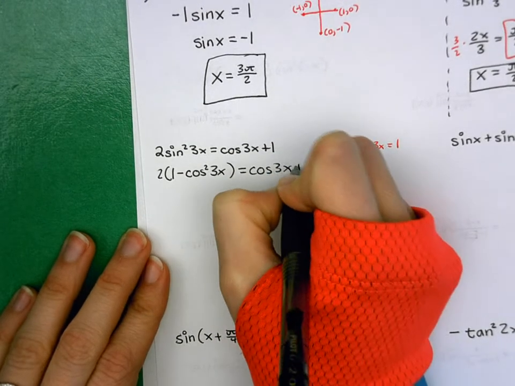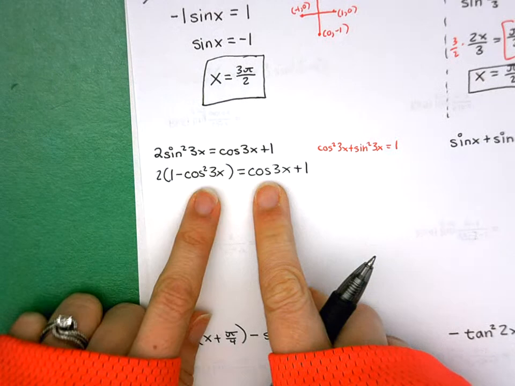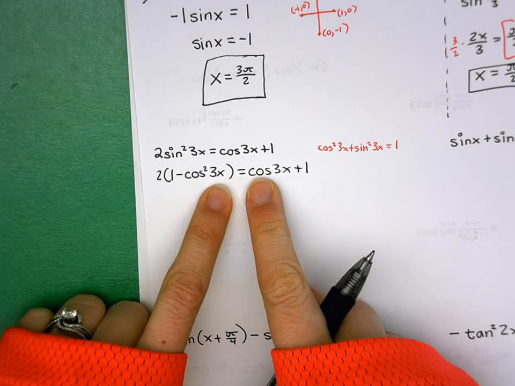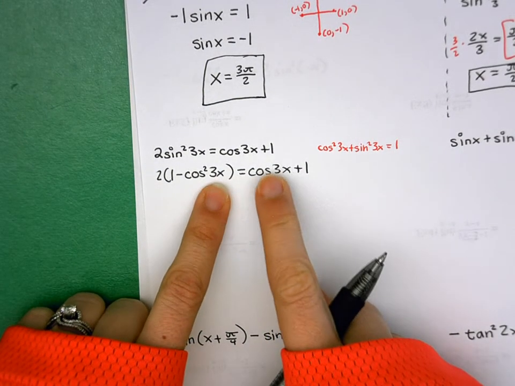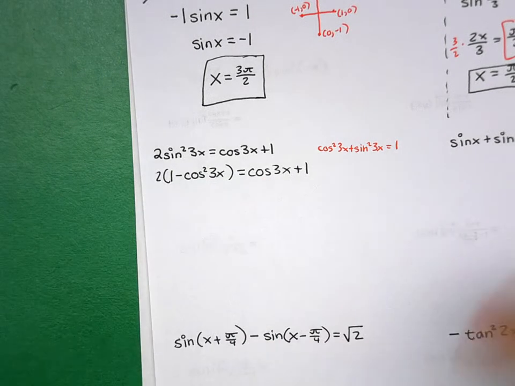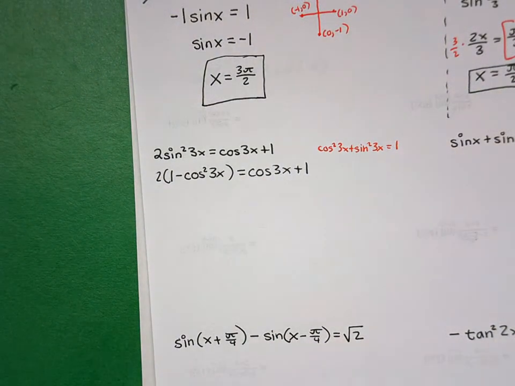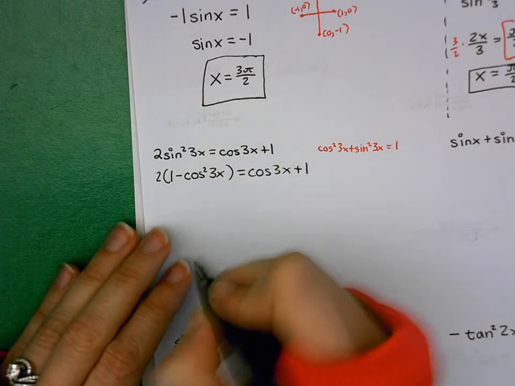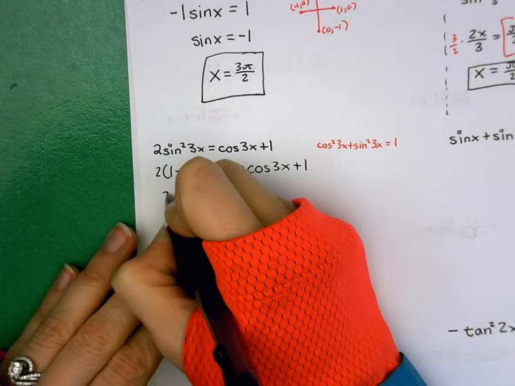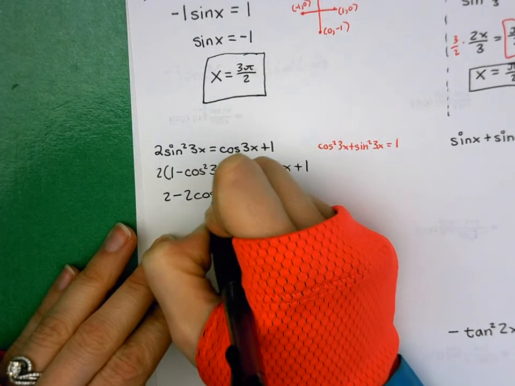Okay, and then this is looking to me like it's probably going to end up being one that we're going to factor because we have a squared and a not squared. And so I'm going to go ahead and distribute and combine like terms and move this until it is equal to 0 so that I can factor. So distributing here, we have 2 minus 2 cosine squared 3x.